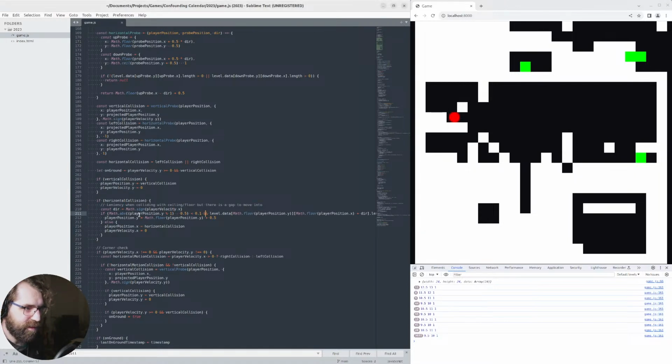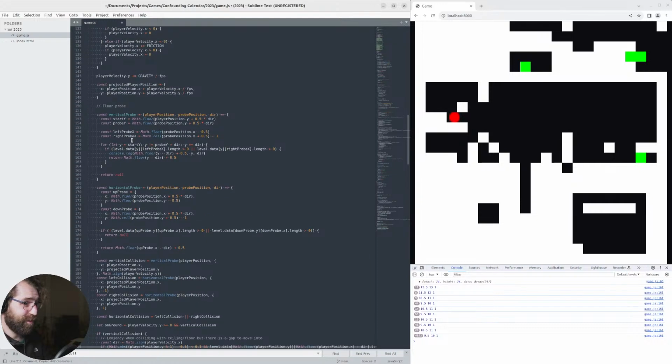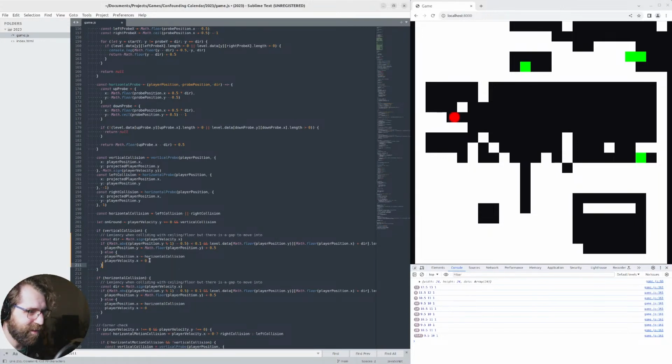So let's add this leniency for falling into the hole. Basically, exactly the same thing, just flipped around. I definitely could figure out a way of implementing this where I just iterate the 4 directions and then make all the equations flip around based on whether it's vertical or horizontal, or just make the x's and y's flip around, but it might be easier to read as it is, to be honest.